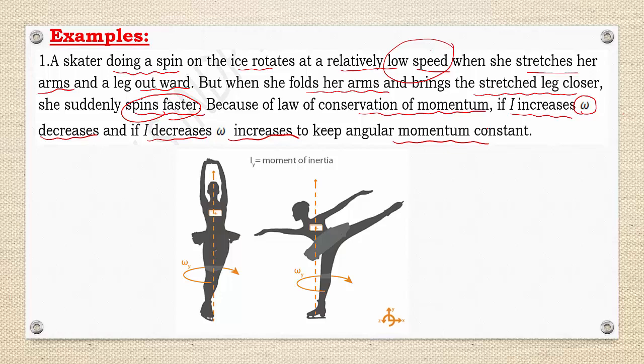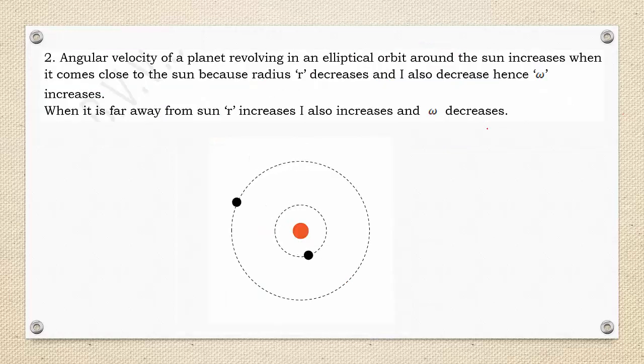velocity increases. Right? Then, second example: angular velocity of a planet revolving in an elliptical orbit around the sun increases when it comes closer to the sun, because radius decreases, I also decreases, hence omega increases. When a planet is very close to the sun, radius decreases.